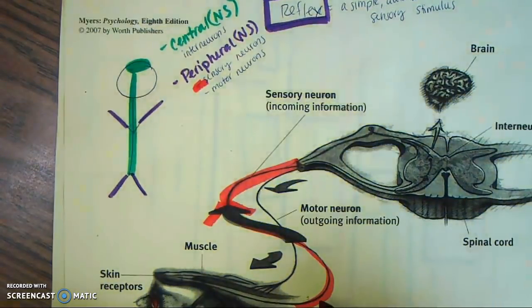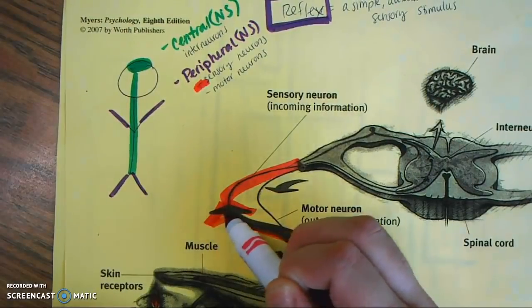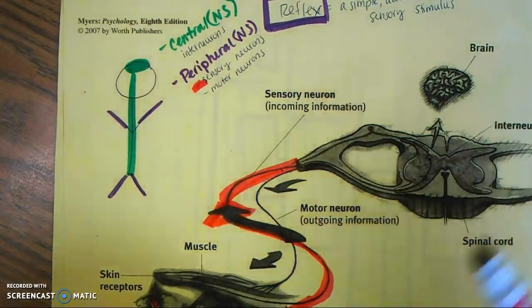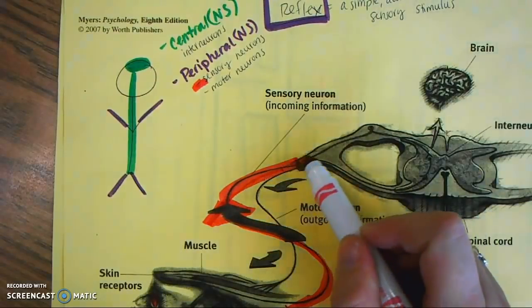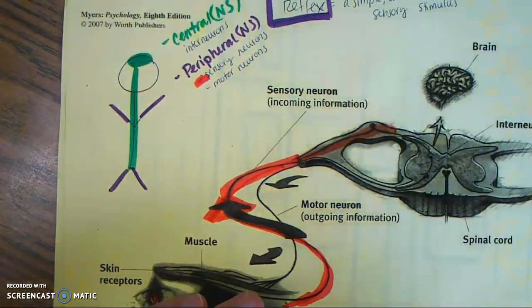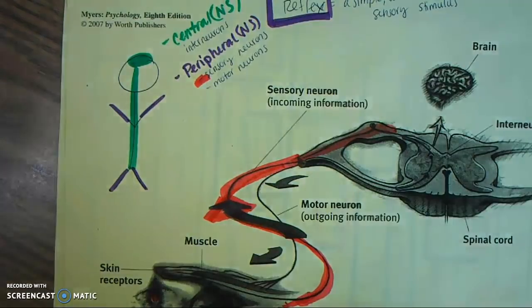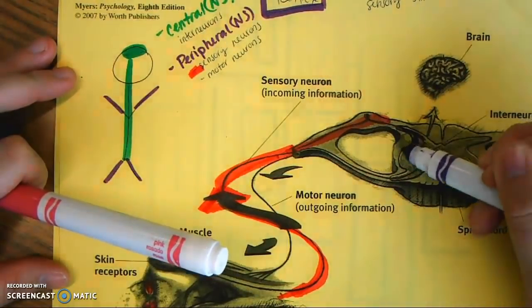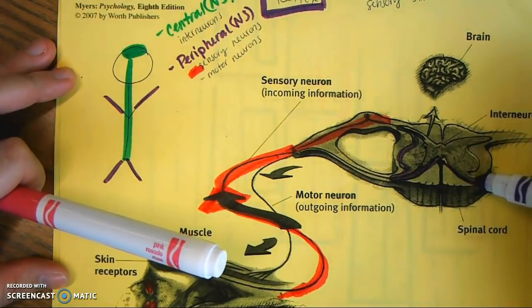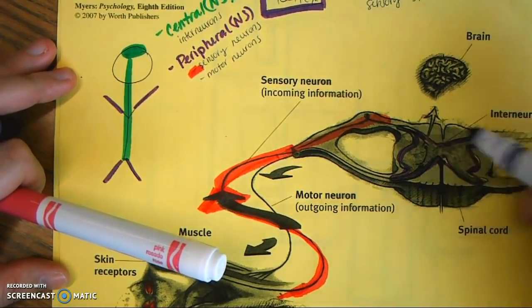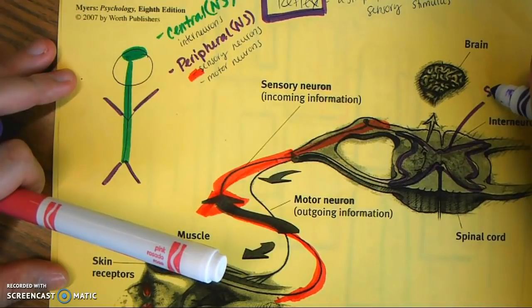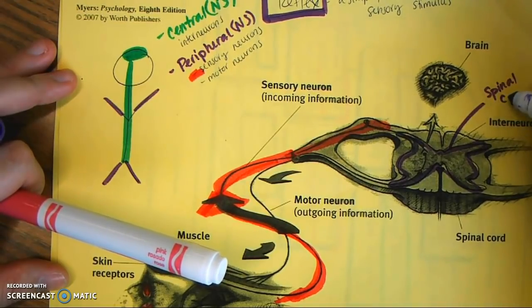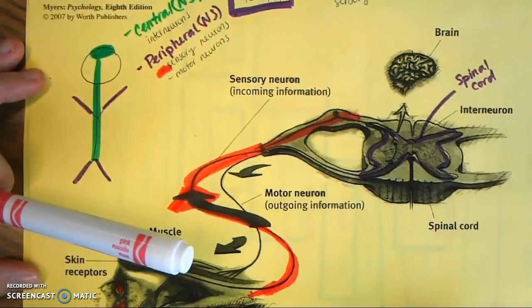So it's picking up that heat message and carrying it towards your spinal cord. Now, this butterfly-like thing right here is your spinal cord. So I'll just label that spinal cord.